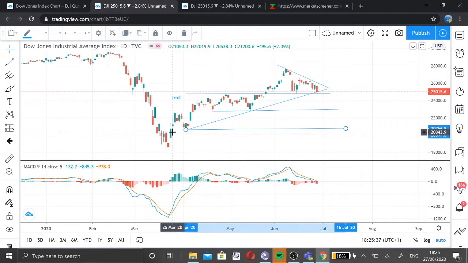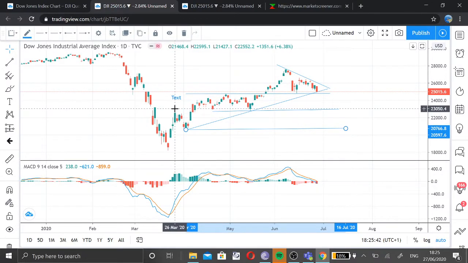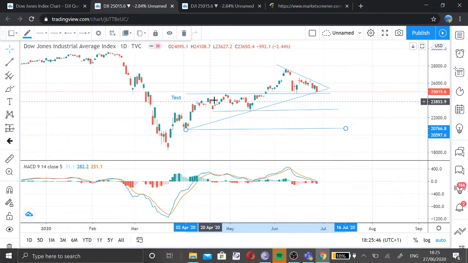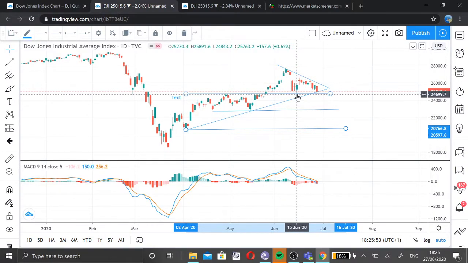You can see that up till now it has been making higher highs and higher lows. So this is a high and this is a low, and then you get a higher high here and then a higher low here, a higher high here and a higher low here.